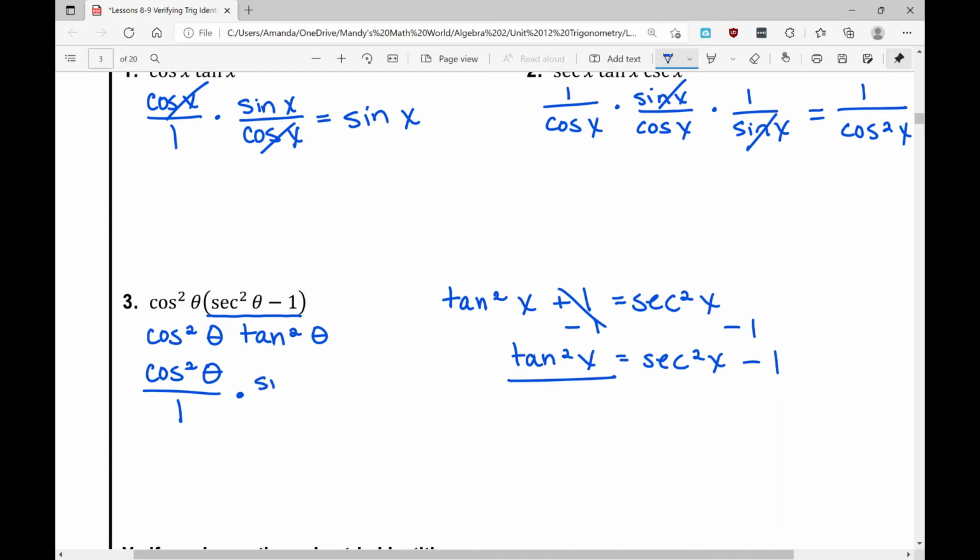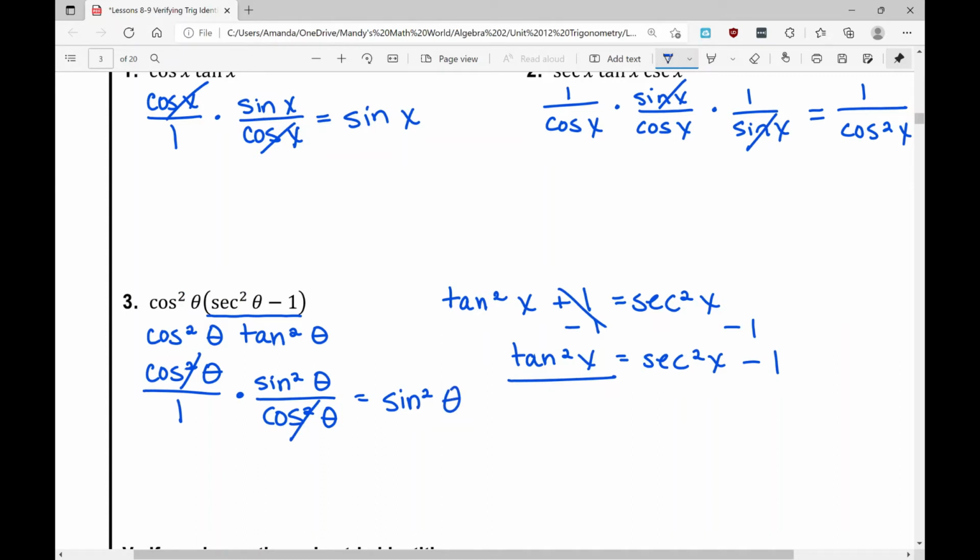That's sine squared theta over cosine squared theta. So tangent is sine over cosine. Tangent squared is sine squared over cosine squared. Now, what do we get when we do this? Well, can I simplify? I can cross out the cosine squared, and I'm left with sine squared theta over 1, which is just sine squared theta.